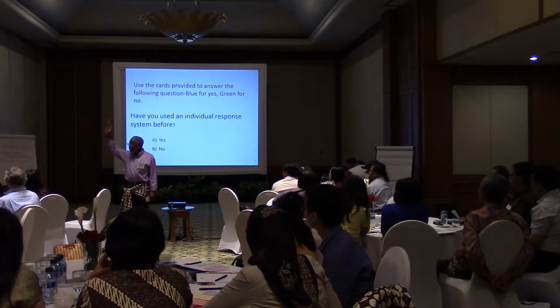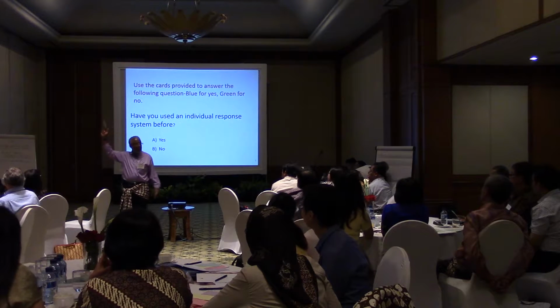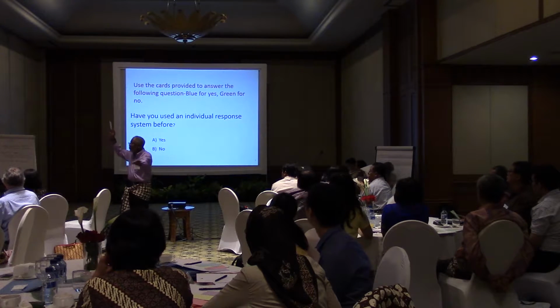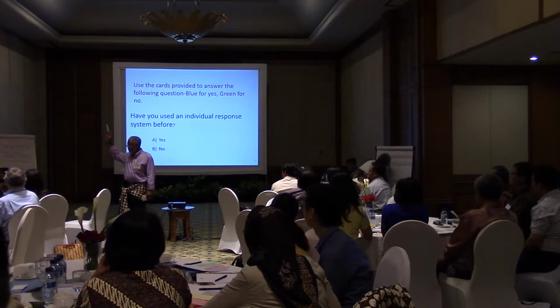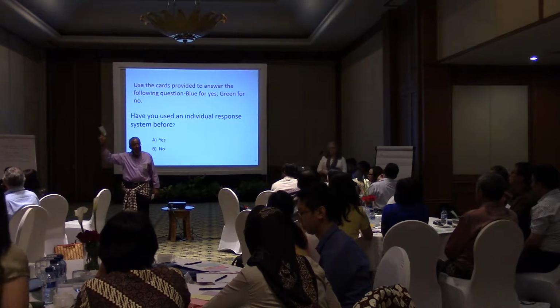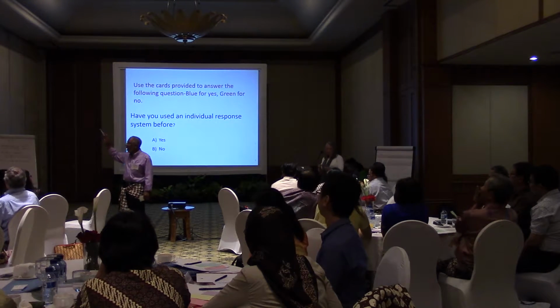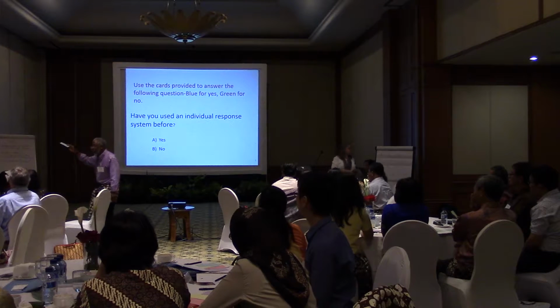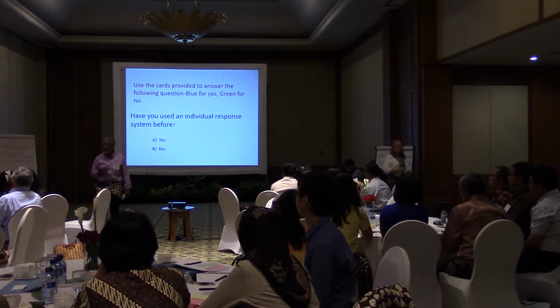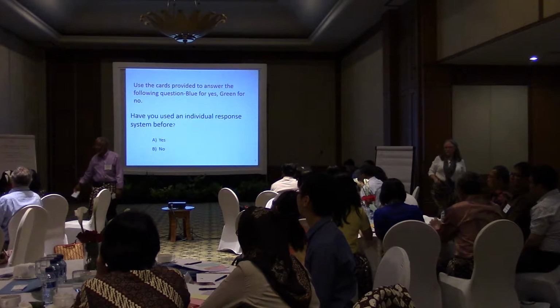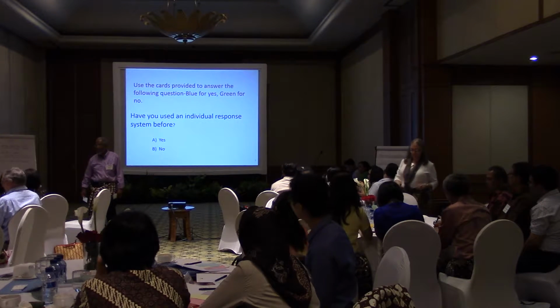You can look around the room and see very quickly what your individual responses are. And you can gauge how your students have performed on that particular question without actually giving a test. You can do that in class every day.